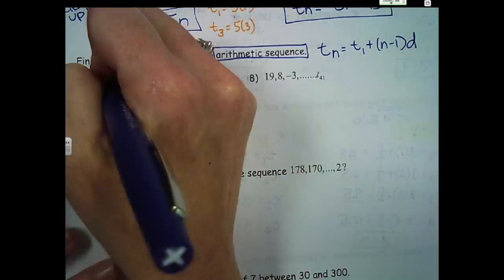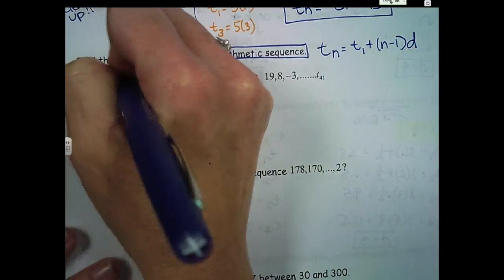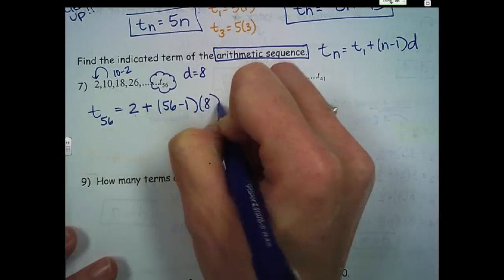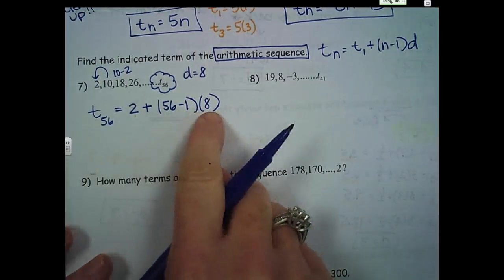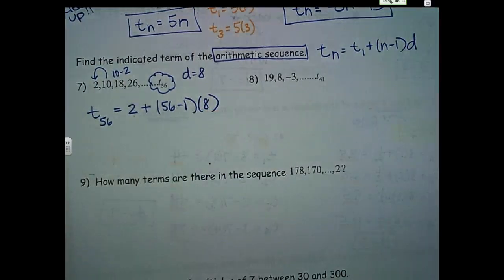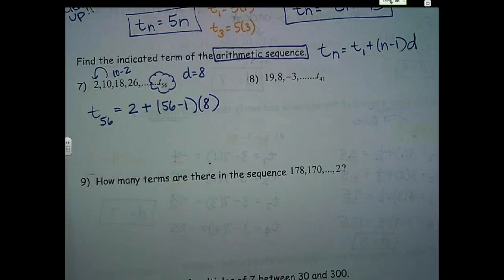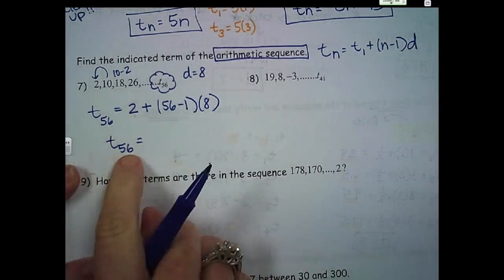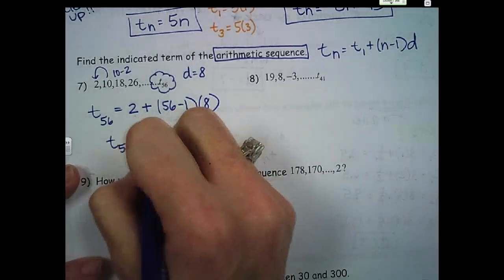How do I get that? 10 minus 2 is 8. My common difference is 8. Don't forget that's a times right there. I don't have a variable anymore, so just type it straight into your calculator. What's the 56th term? 442. Be sure to write it like that: t sub 56, in other words the 56th term, is 442.